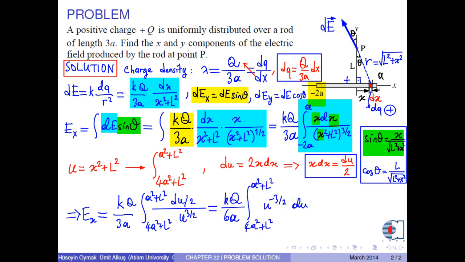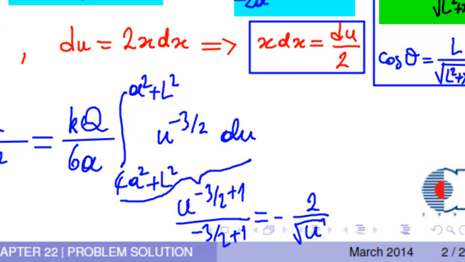Simplification gives us k times Q over 6a times the integral u to the power negative 3 over 2 du. The integral can be taken as u to the negative 3 over 2 plus 1 over negative 3 over 2 plus 1, or we write negative 2 over square root of u.